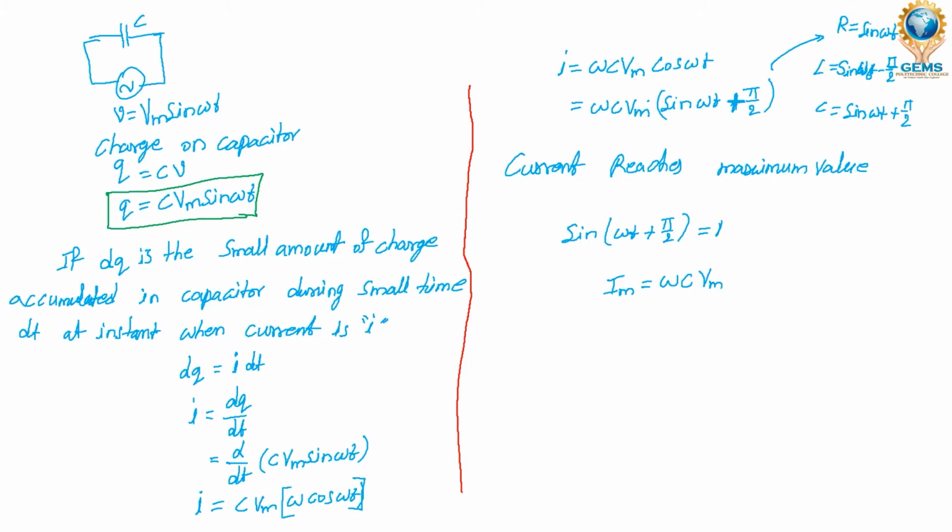This we can write as I equals to Im sin omega t plus pi by 2. Okay, from here we can see I equals to Im sin omega t plus pi by 2.